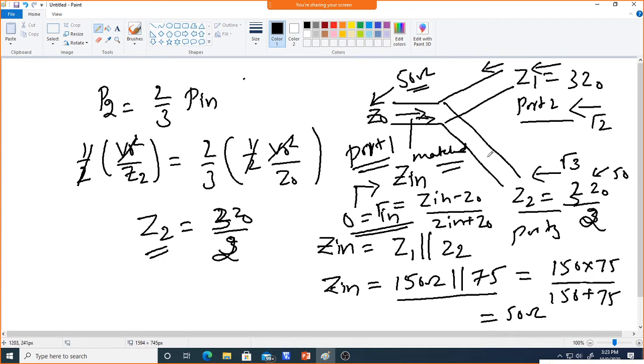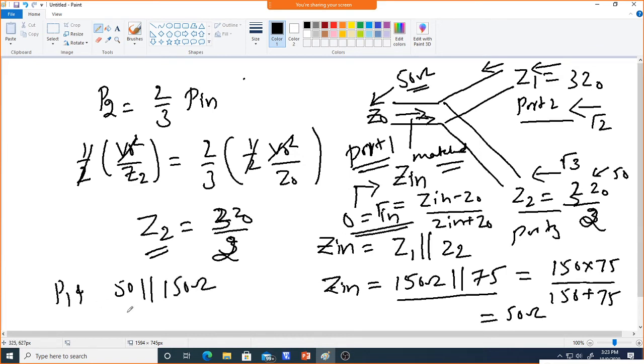Now what is the parallel combination of port 1 and port 3, in order to calculate the reflection coefficient at port 2? Port 1 impedance is 50 ohm, in parallel with 150 ohm.